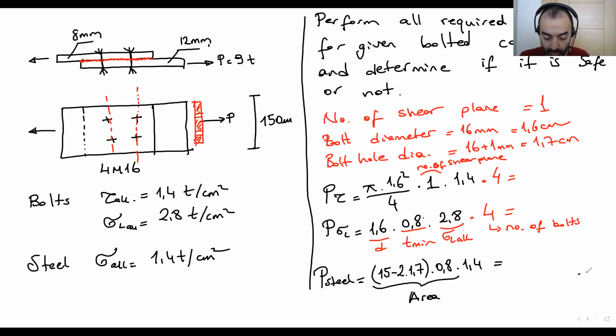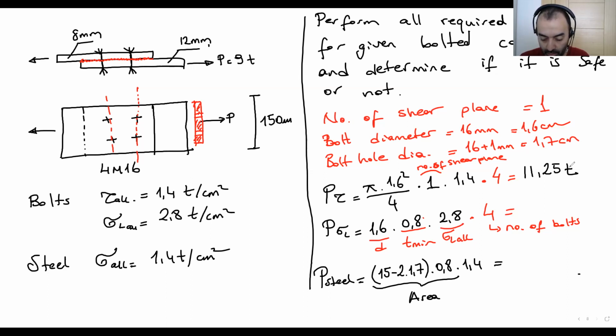P equals pi times 1.6 squared over 4 times 1.4, equals 11 point something. This is the capacity for shear.